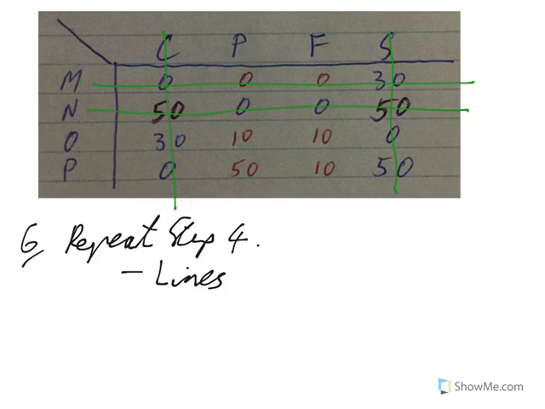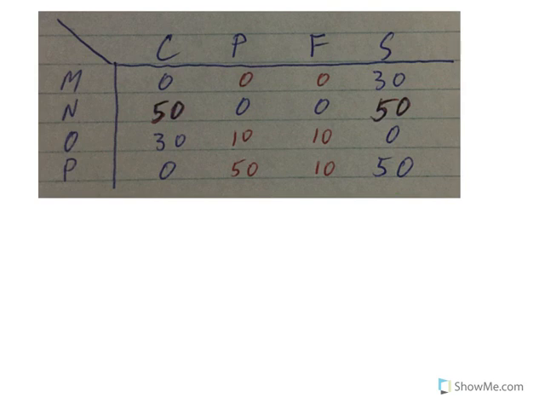Well, the key things that we're looking for here is the zeros, because this is completion time. So let me get rid of those drawings. There we go. So the key thing here is the zeros.